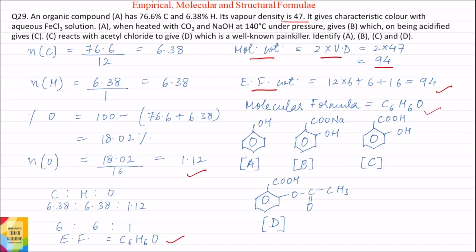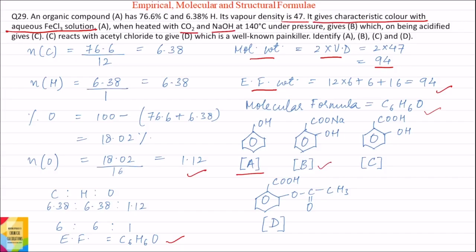Now according to the question, this compound gives characteristic color with FeCl3 solution, which means this compound is either a phenol or a salicylic acid. Now the molecular formula of this compound corresponds to the formula of phenol. Therefore, compound A is phenol. And later on, when it is heated with carbon dioxide and NaOH, then it forms sodium salt of salicylic acid.